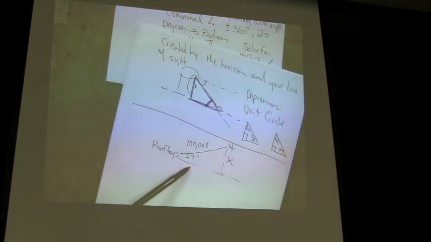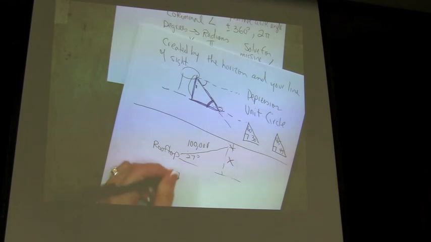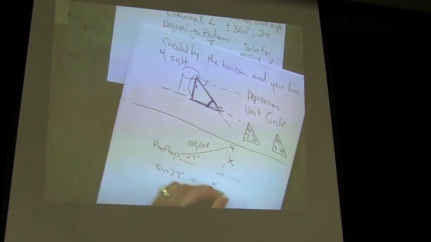You basically say, relative to this angle right here, this is my side that is opposite. This is my side that is hypotenuse, so I'm going to use sine. And so I say sine of 27 degrees equals x over 100,000. And I multiply both sides by 100,000.